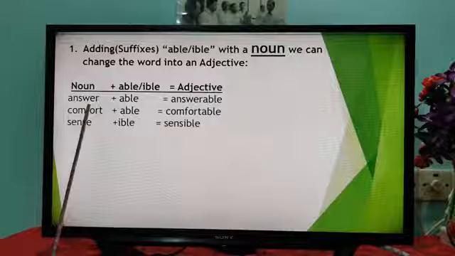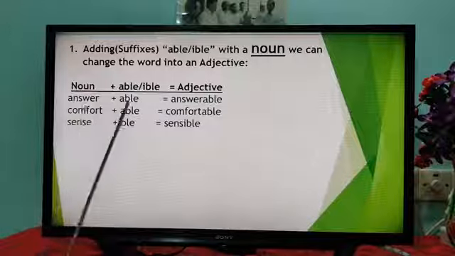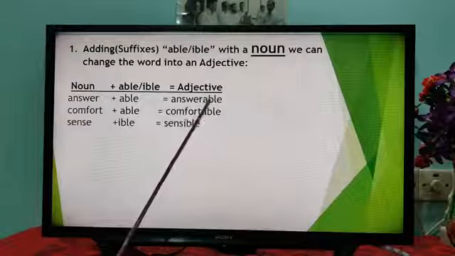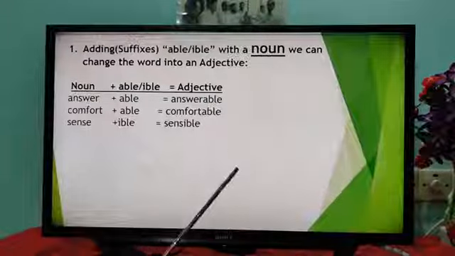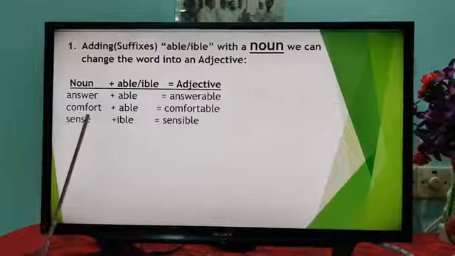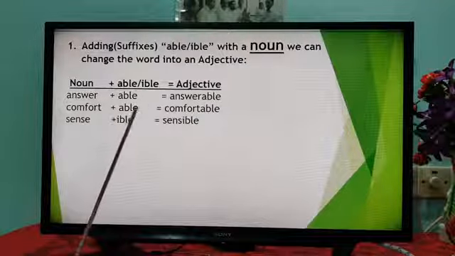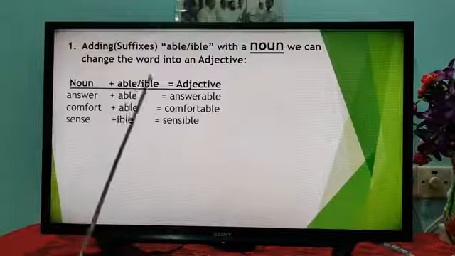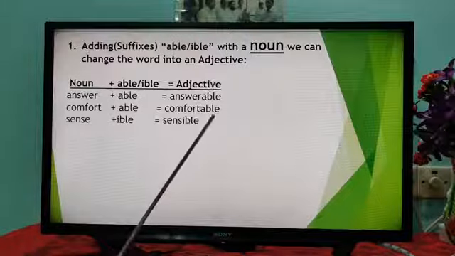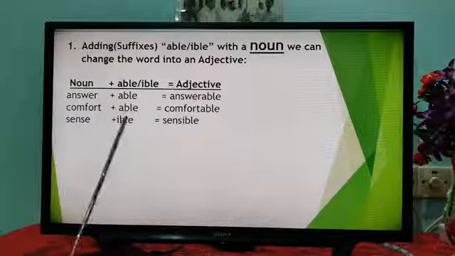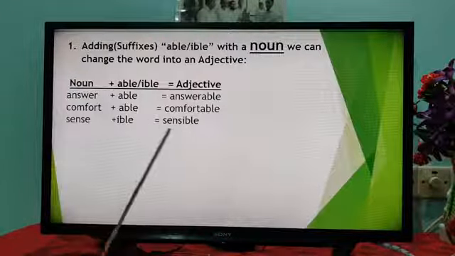Suppose answer is a noun and able is a suffix, so the new word is an adjective, answerable. Comfort is a noun, able is a suffix, and the new word comfortable is an adjective. Like that, sense, ible, sensible.